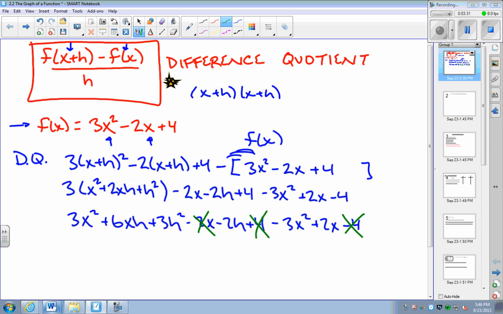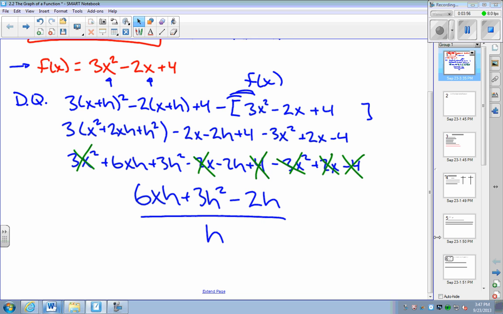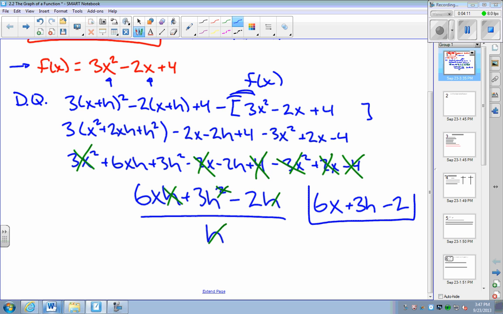Those will cancel. Those will cancel. Those will cancel. And what am I left with? 6xh plus 3h squared minus 2h. All of this is over the h because all the terms have it. I can get rid of them, and what you get is 6x plus 3h minus 2. All that work to get 3 little terms down here.